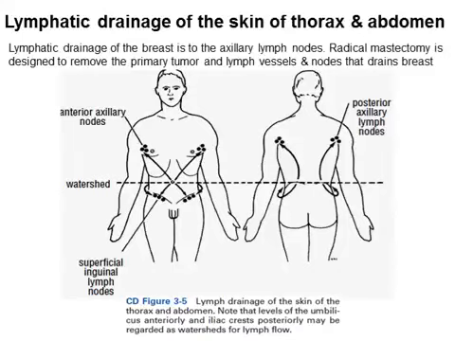So please pay attention to this slide because this is an important lymphatic drainage site, and you can get questions about this direction of lymph drainage above and below the level of the umbilicus for the skin of thorax and abdomen.